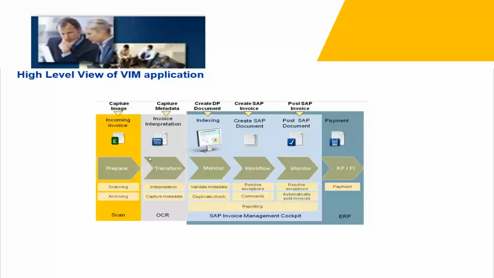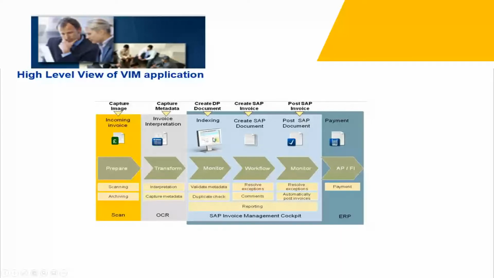Once it is done, the document will trigger to VIM, and a particular document number is generated. So now the DP document is created. This is not a SAP document number, but a VIM document number. With that document number, you can track the particular invoice.